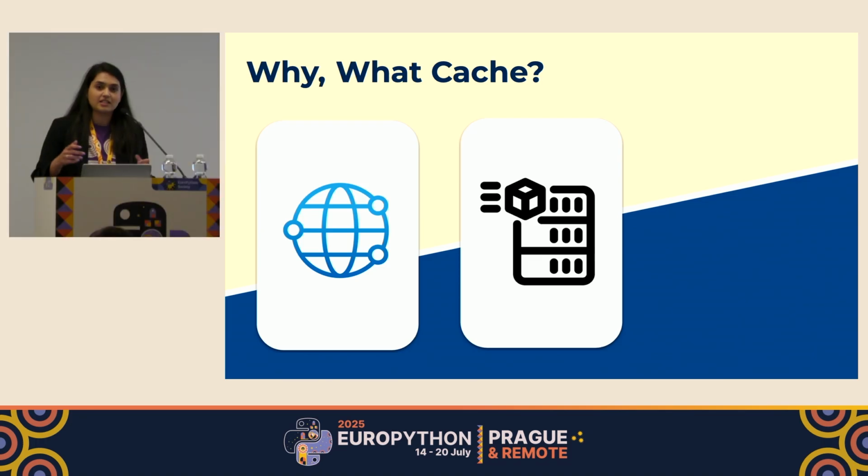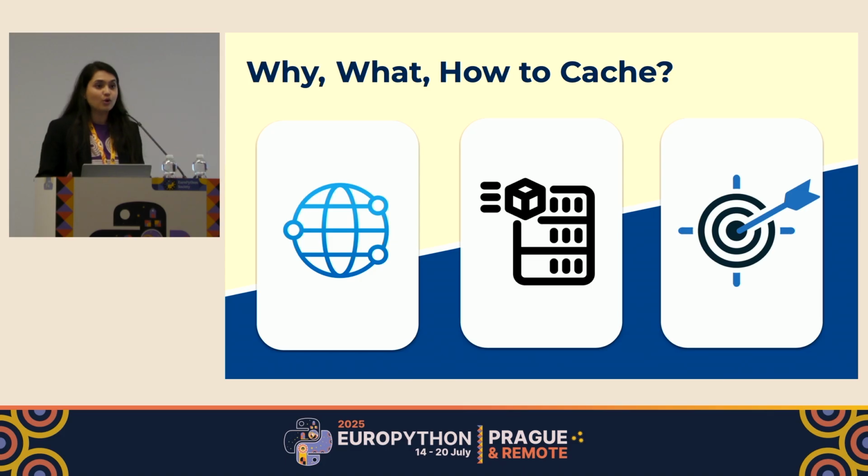Even though caches are typically volatile storage, when used correctly, they help us reuse previously computed or previously seen data, massively improving the performance of our applications. So the goal of this talk is to understand why caching matters and how we can do it well in Python.